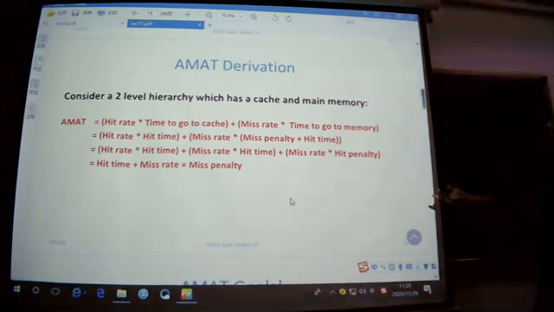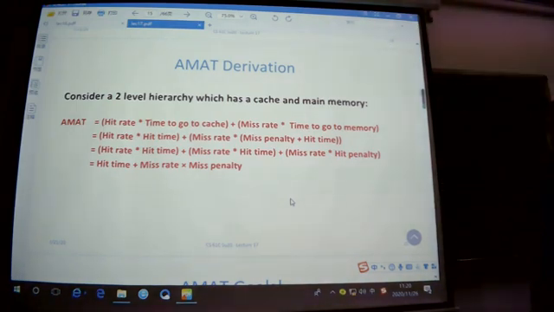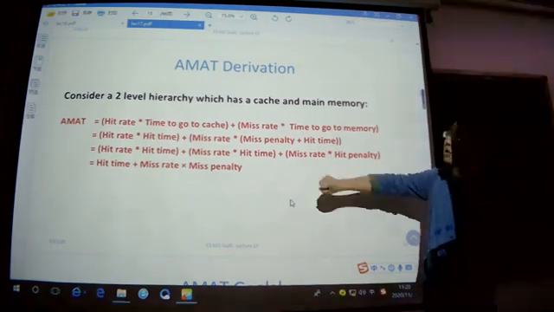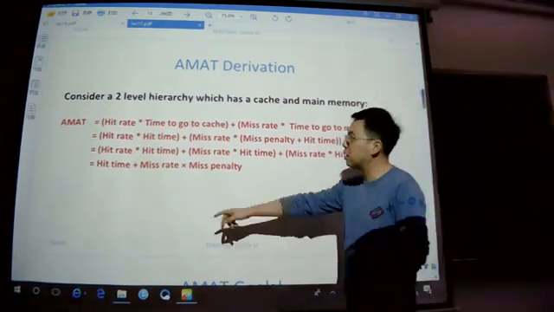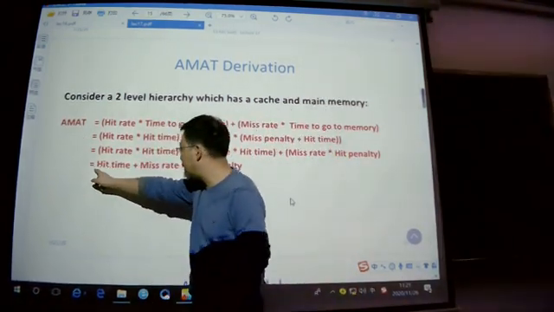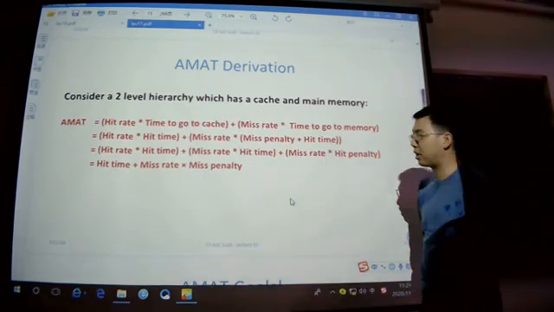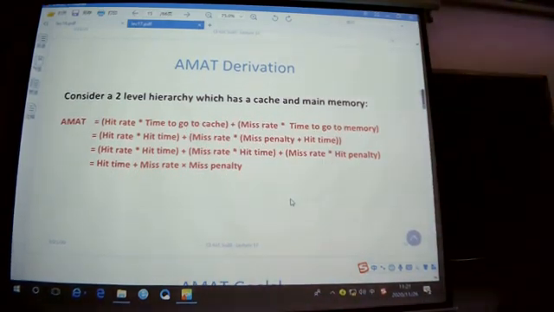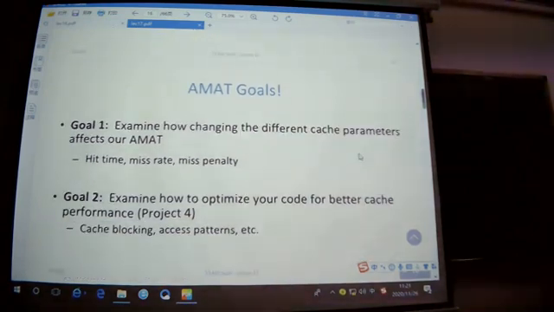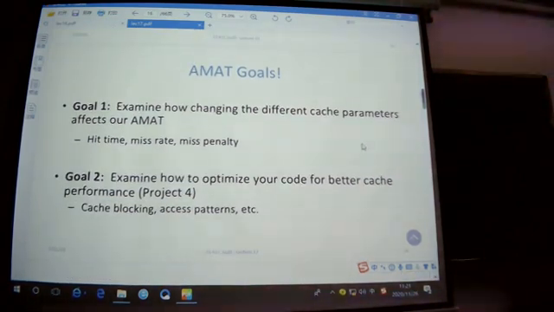In lecture 17, we have discussed multi-level, so the three-level is a recurrent structure. AMAT has two goals.